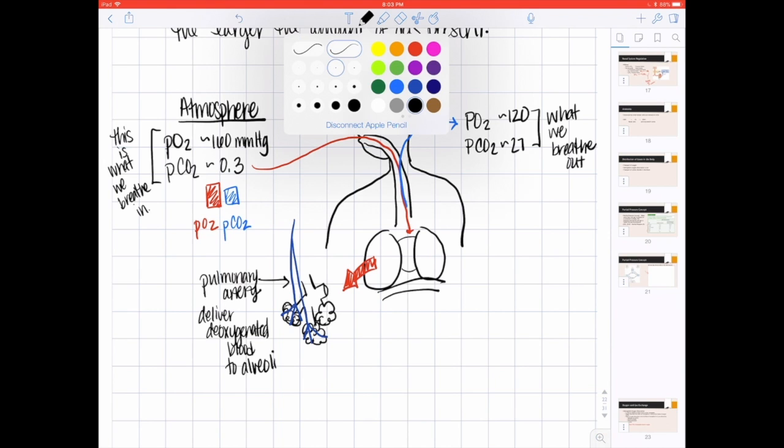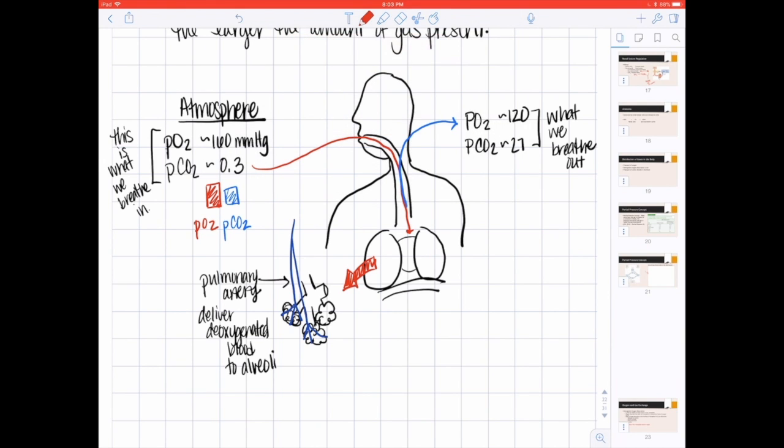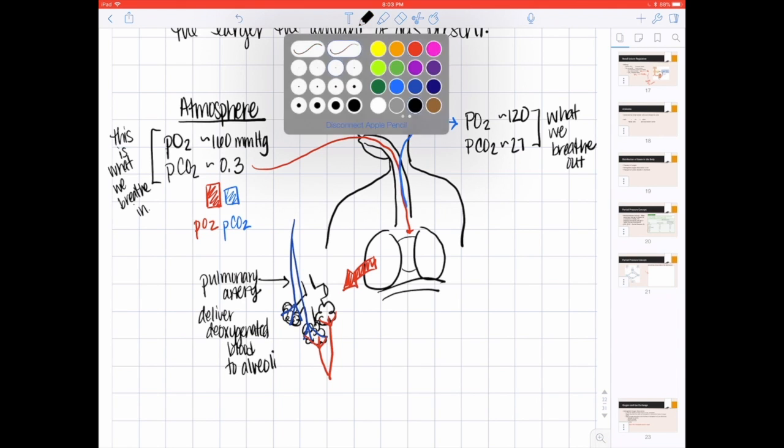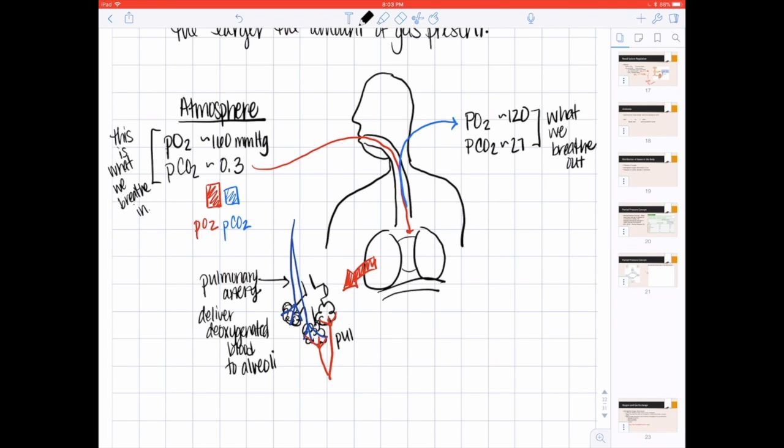Now, when this same blood leaves the alveoli, it's going to get oxygenated, right? Because the oxygen is in the lungs. And so it's going to get oxygenated, and the blood's going to leave the alveoli via the pulmonary vein. So that's what we're showing in red here.